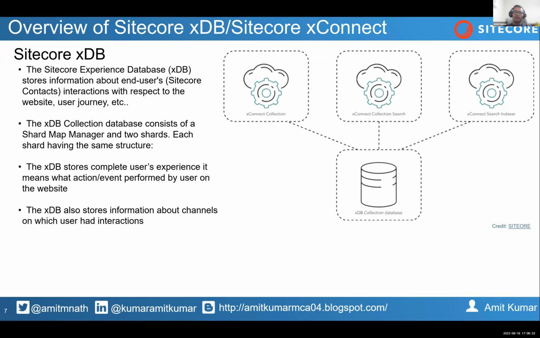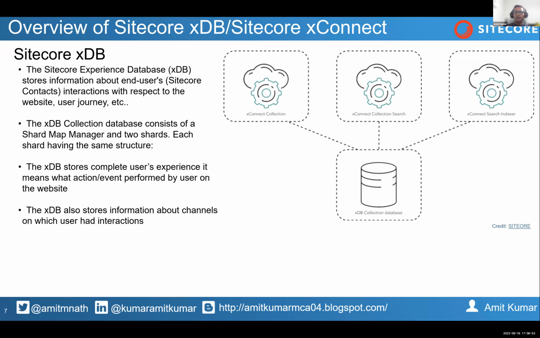When you interact with the content delivery server, the request from your front end goes to the content delivery server, and from there the xConnect collection service is used to push the data to the xDB collection. There is no other service that can directly access the xDB apart from these.